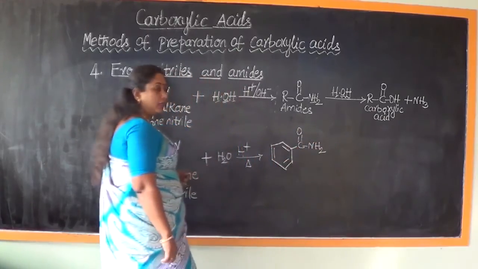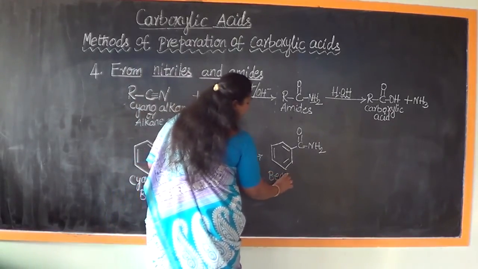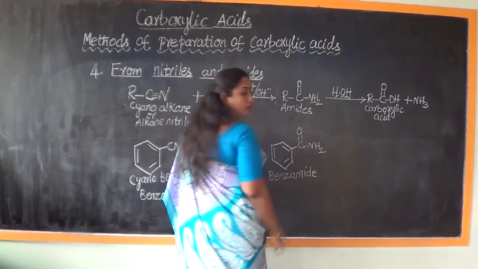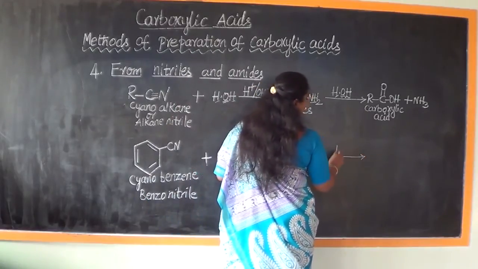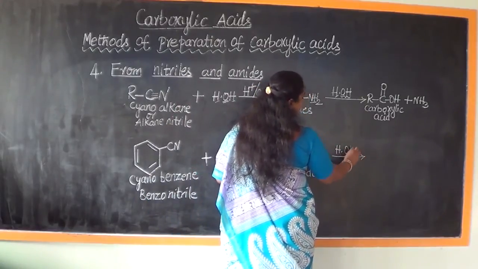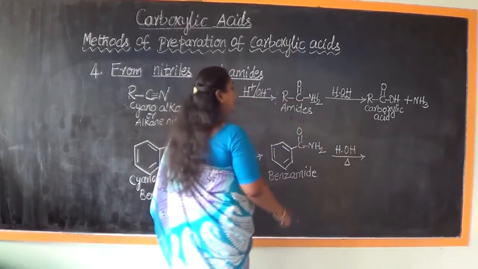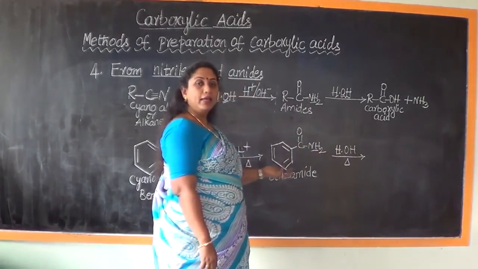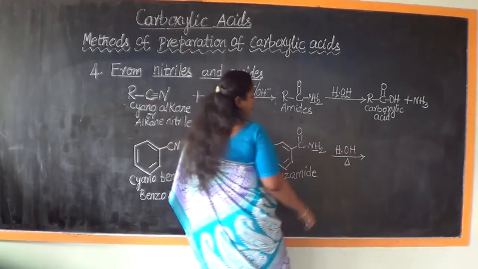So what is the name of this compound? It is called benzamide. Then how to obtain carboxylic acid now? Benzamide is further subjected to the process of hydrolysis. Now what happens? Hydrogen will take attachment with NH2 forming NH3, and then OH will take the place of NH2.